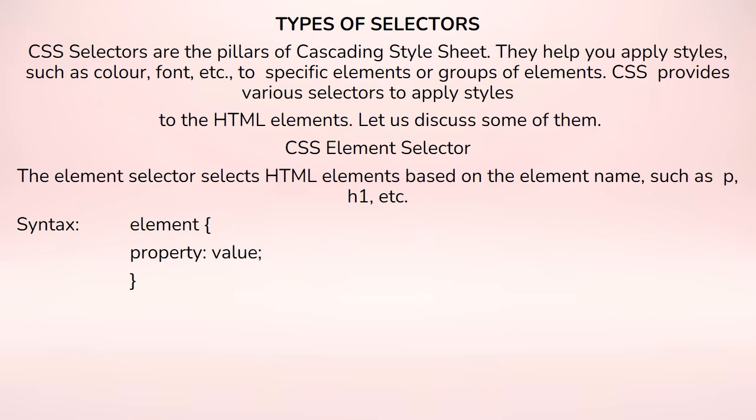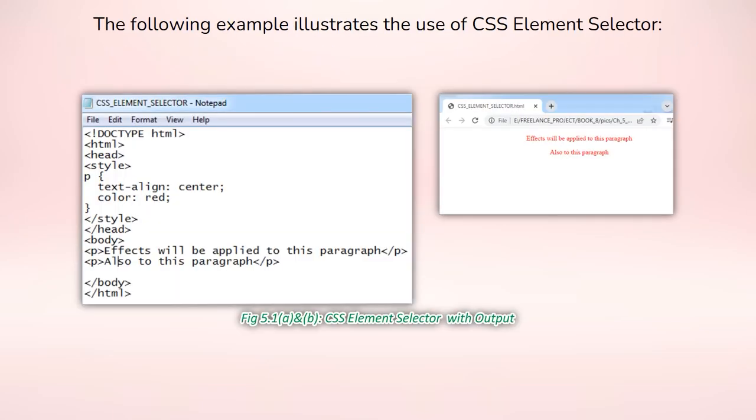Let us discuss some of them. CSS Element Selector. The element selector selects HTML elements based on the element name, such as P, H1, etc. Syntax: element { property: value; } The following example illustrates the use of the CSS Element Selector.